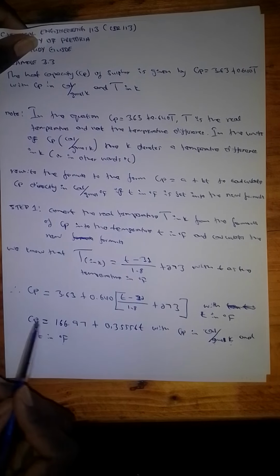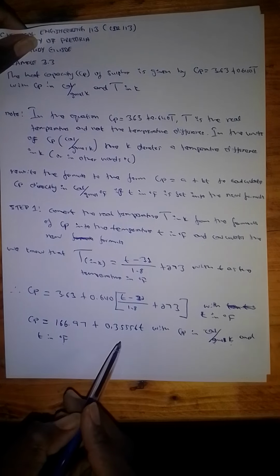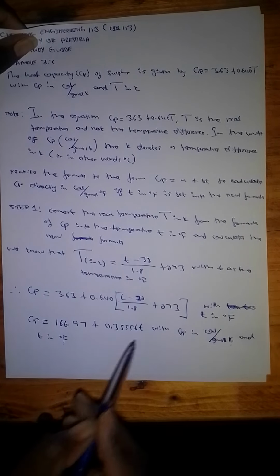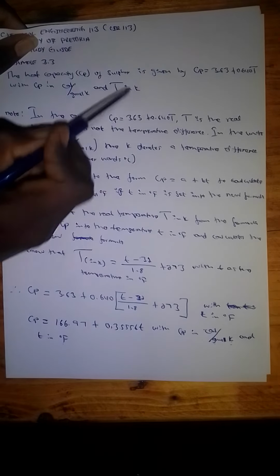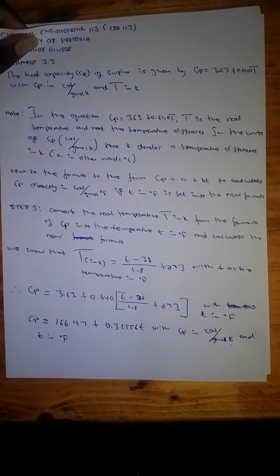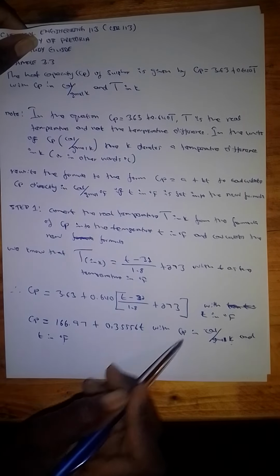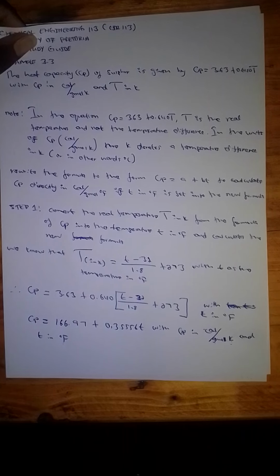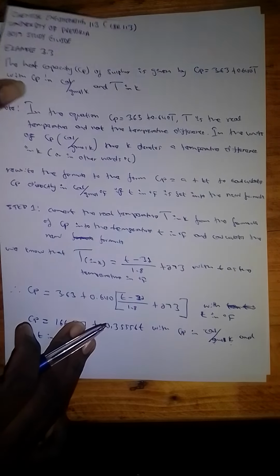Why? Because we need to know that there's still consistency. If we take a temperature in Kelvin and plug it in here and get a value, and then take that same temperature in Kelvin, convert it to degrees Fahrenheit, and plug it in here, it should give us the same value. That is the whole point of testing. So it's nothing that complicated. We'll do just that.